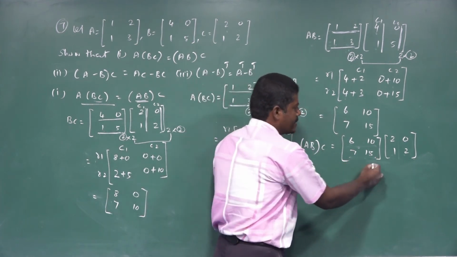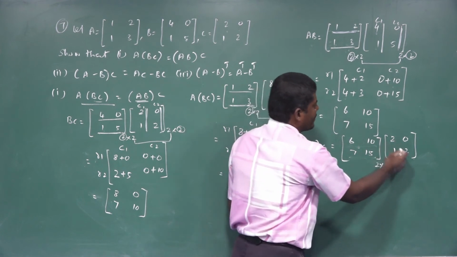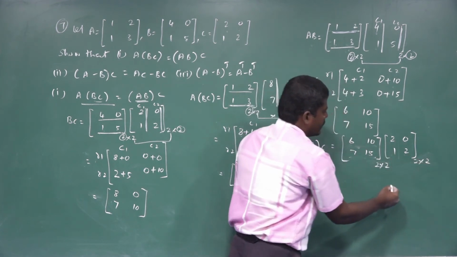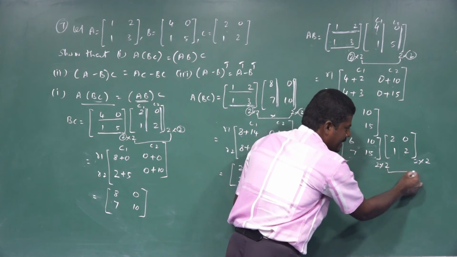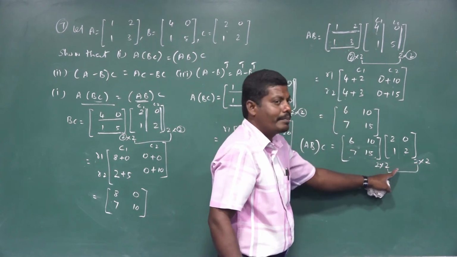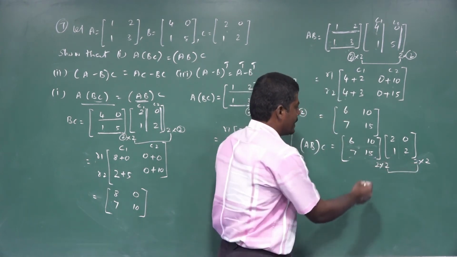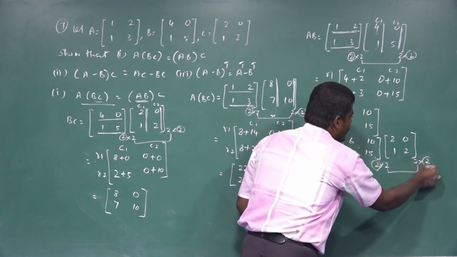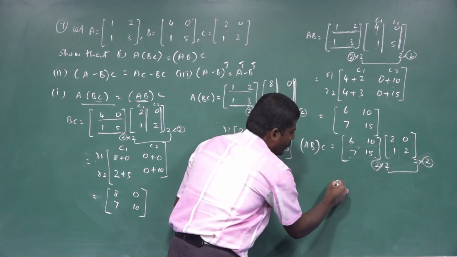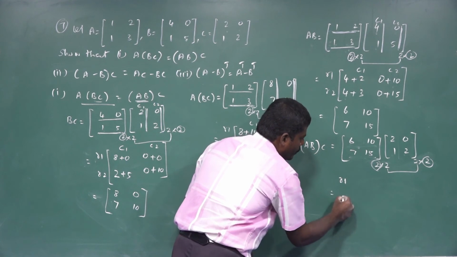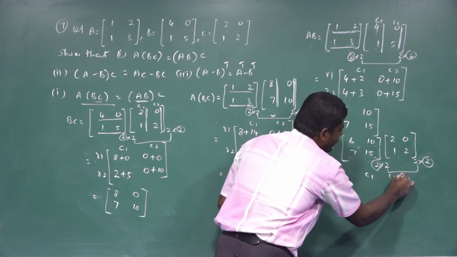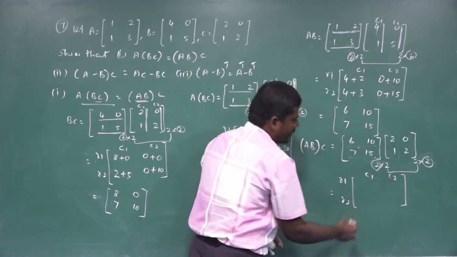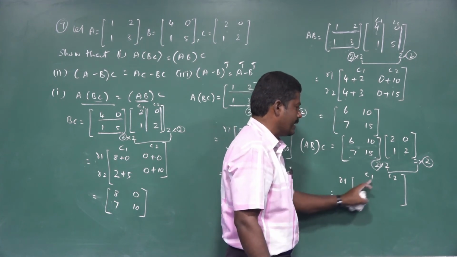Order of our first matrix is 2 by 2, and order of our second matrix is 2 by 2. So the number of columns in the first matrix is equal to the number of rows in the second matrix. So matrix multiplication is possible. Our result order will be 2 rows and 2 columns.